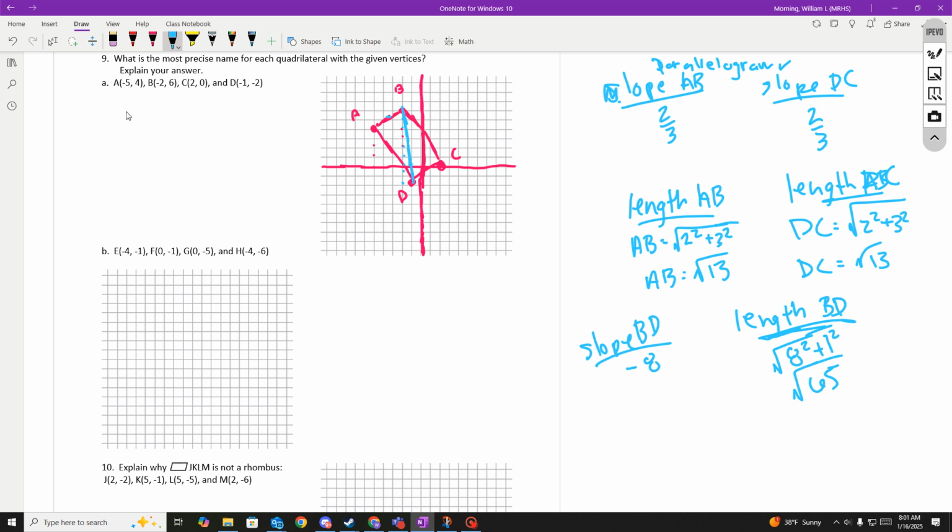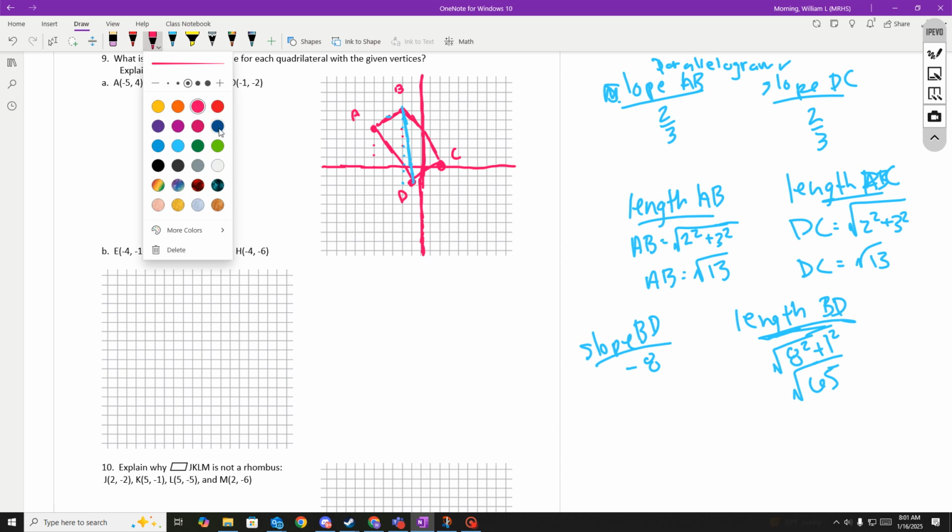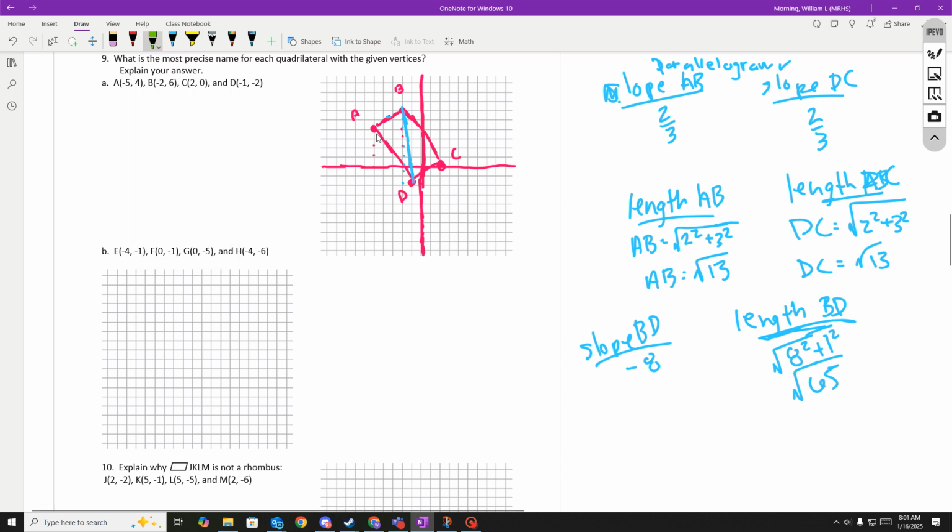Okay, and now I'm going to compare this to the other diagonal, which is AC. So slope of AC. This is the easiest way I usually do it. So let's see, A to C. So 4, that's at 2, 0, right?